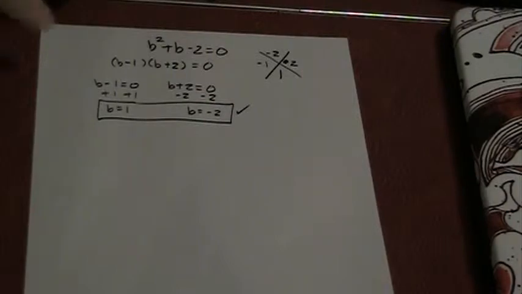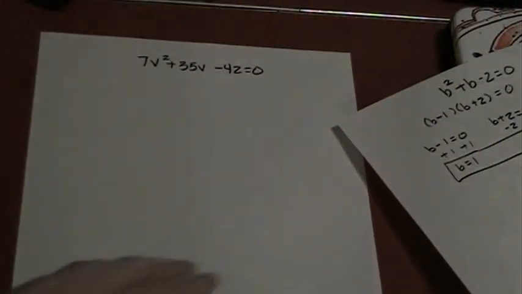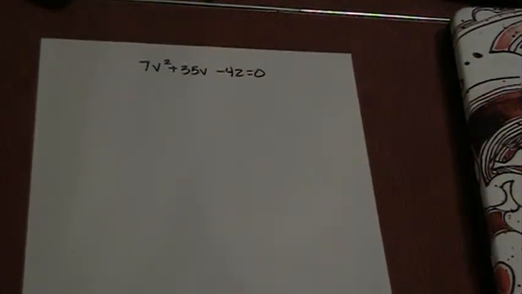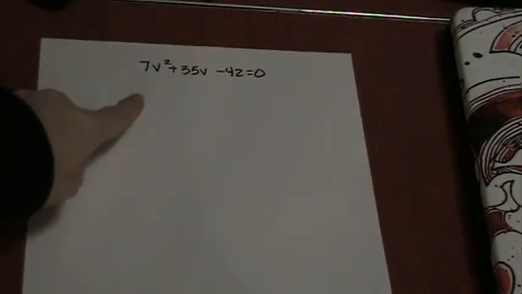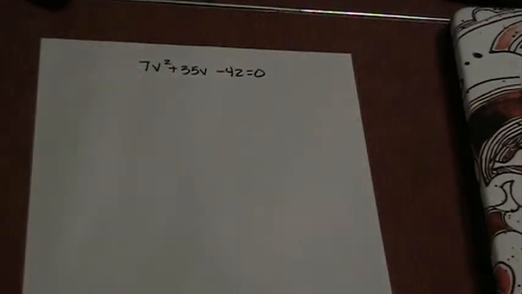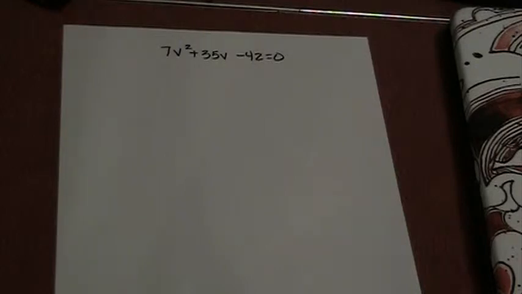Now, one thing that you always have to look for is a GCF, a greatest common factor. So for this equation, if I look before I even start an X puzzle, I notice that each of the numbers, 7, 35, and 42, can all be divided by the same number, the number 7. That's the greatest common factor.